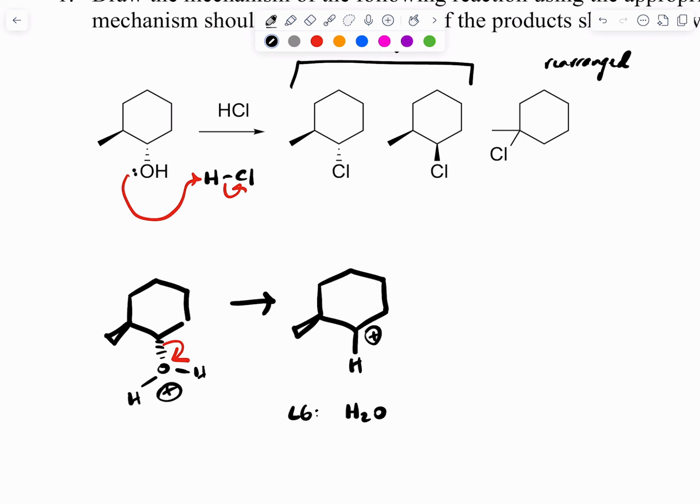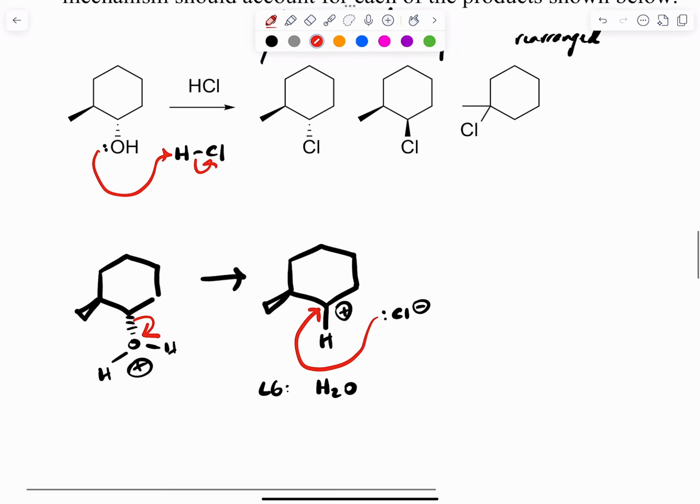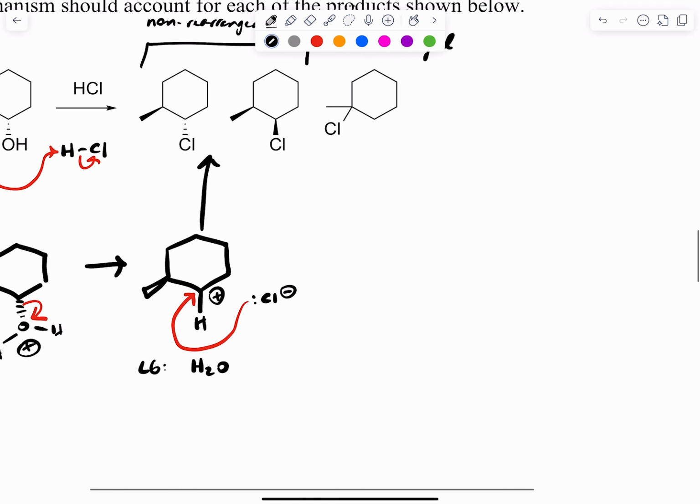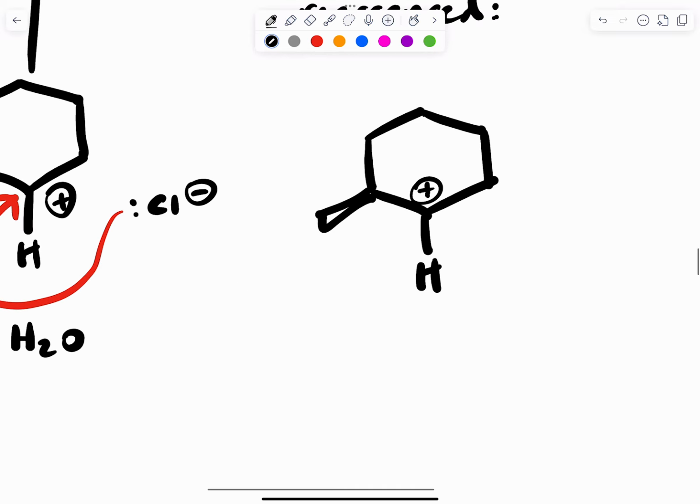For the non-rearranged products, what do I do? Yeah, we just have chloride attack from above or below. That's pretty good. And that will give me those products, no problem. Now, if I wanted to do the rearranged products, I've got to start from the same carbocation, noticing that I have a secondary carbocation adjacent to a tertiary carbon.